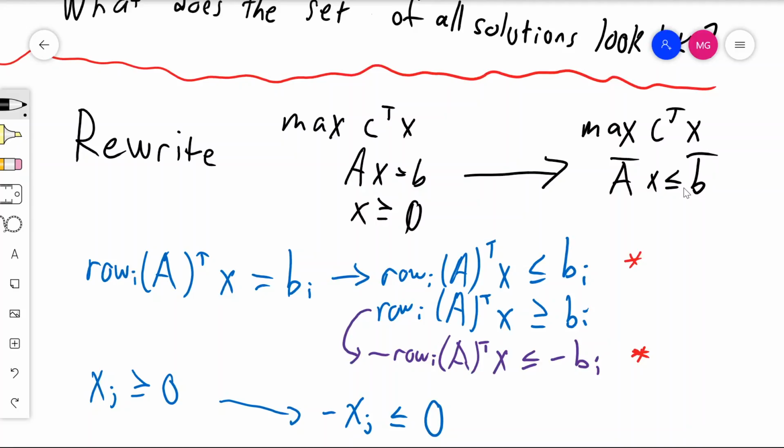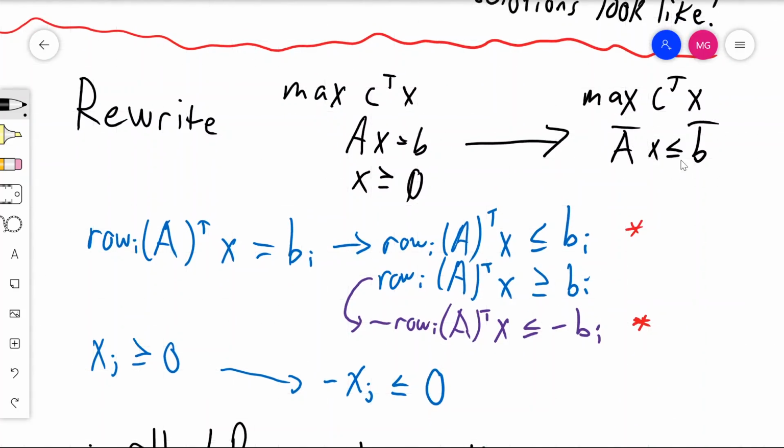Every constraint will be a less than or equal to now. I first consider the matrix equality constraints, so a row of the matrix A corresponds to a constraint. If I have a particular constraint and it's an equality, then you can just write that as a less than or equal to and a greater than or equal to constraint. It's both of those simultaneously.